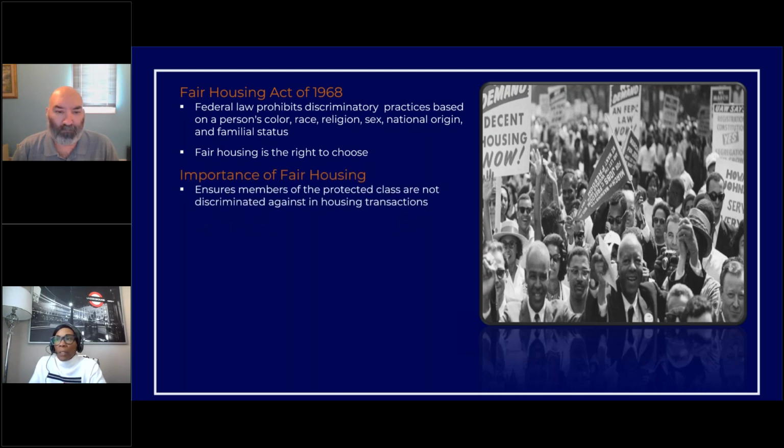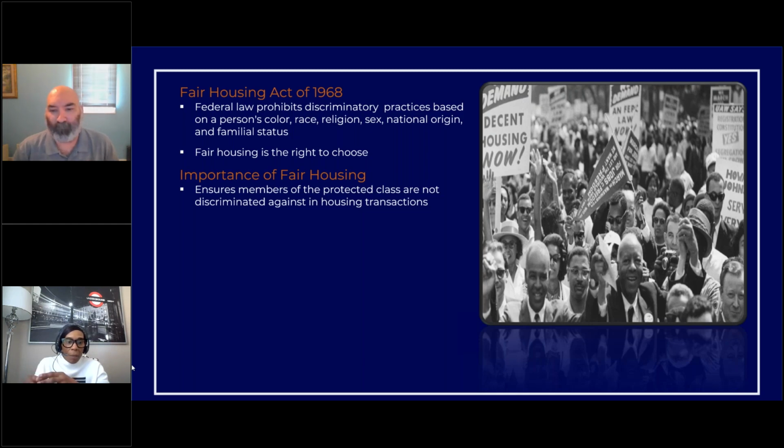So I'm just going to give a summary of the Fair Housing Act because it's so in depth, but I'm just going to highlight the things that are very important. And again, like I stated, the main importance of the Fair Housing Act of 1968 is to prohibit discriminatory practices based on a person's color, race, religion, sex, national origin, and familial status.